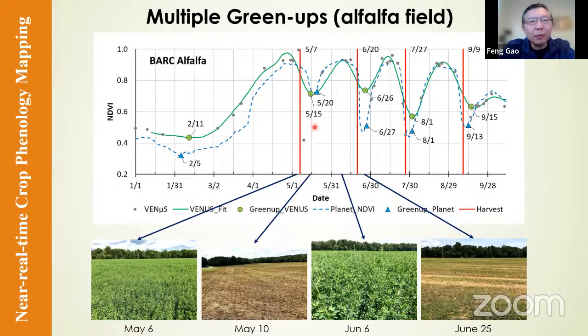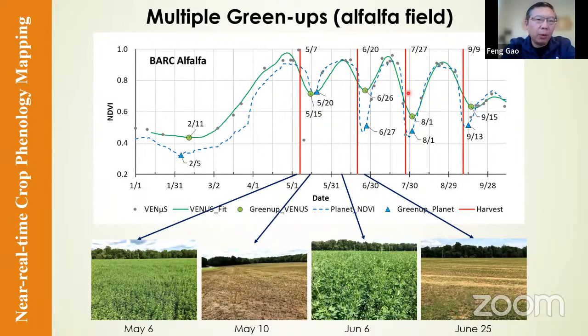This is an interesting plot because we not only have the Venus data here, the solid line, which is the Venus observation as I mentioned before, we also include the Planet data. Planet is a small satellite constellation, right now I think 150 satellites in orbit.